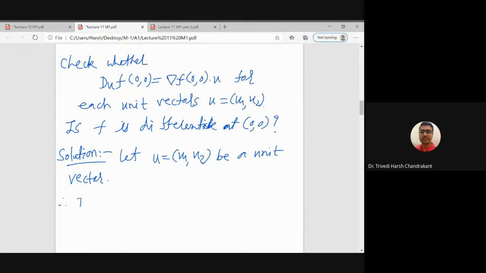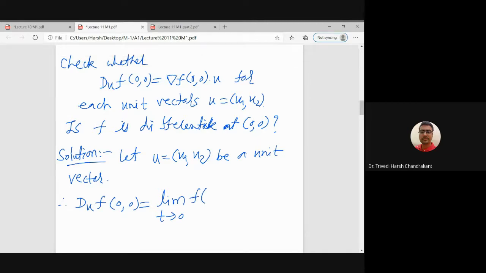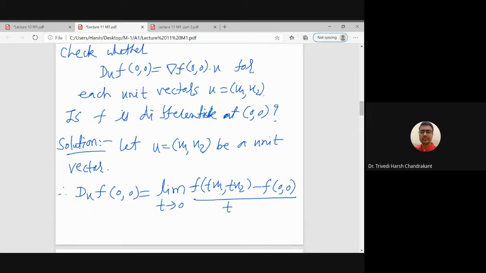Therefore the directional derivative of the given function f at the origin, by definition, becomes the limit as t approaches 0 of f of (a plus t u1, b plus t u2), where a, b is (0, 0), minus f of (0, 0), divided by t. So this is just the definition in terms of the vector u.